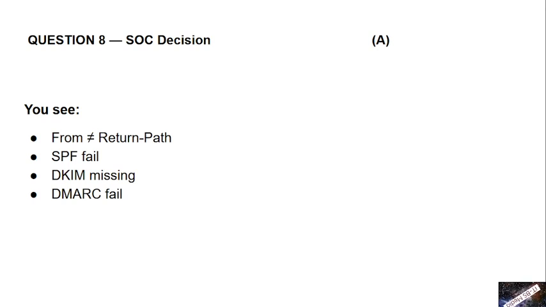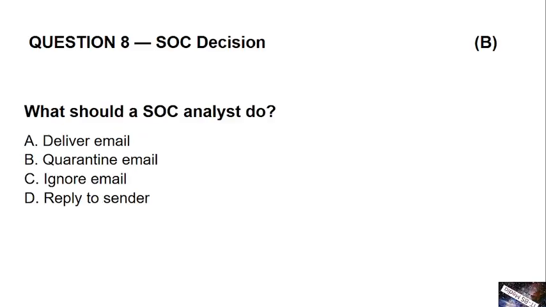Okay, and lastly, we're talking about a SOC decision here. You see, From is not equal to Return-Path, SPF fail, DKIM missing, and DMARC fail. Let's now see our question. What should a SOC analyst do? What should be your next line of action?